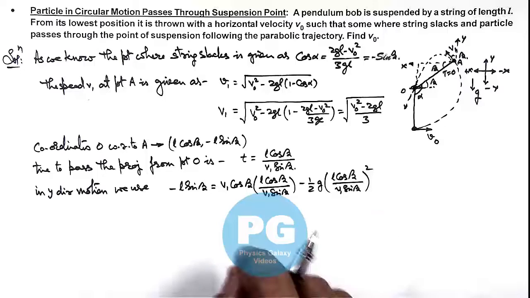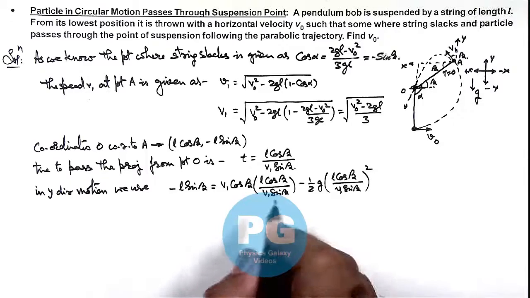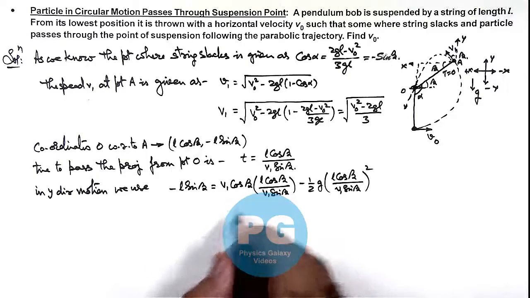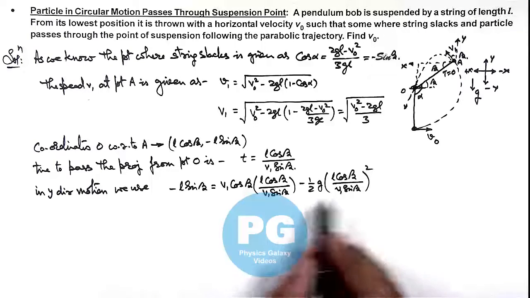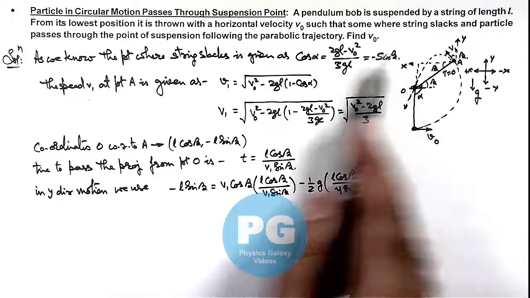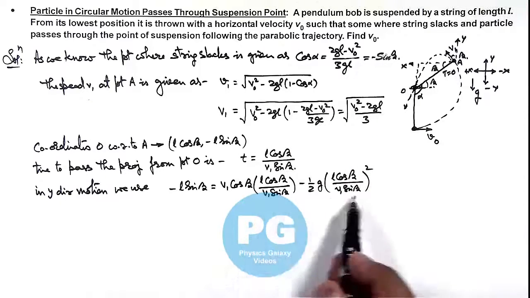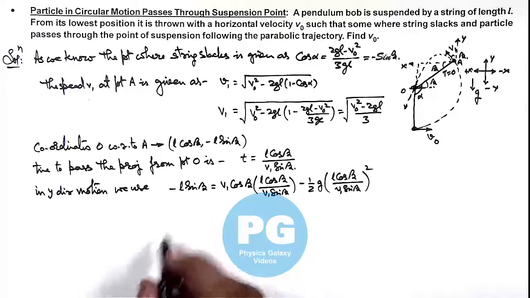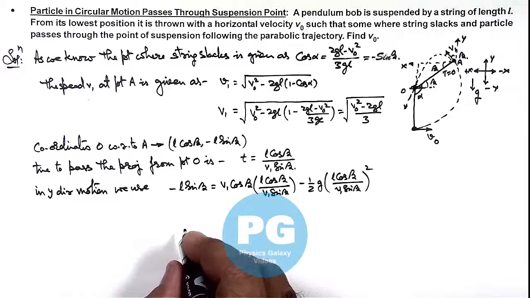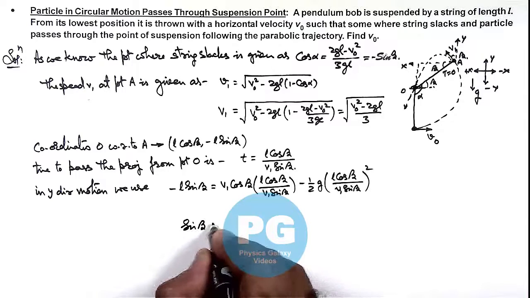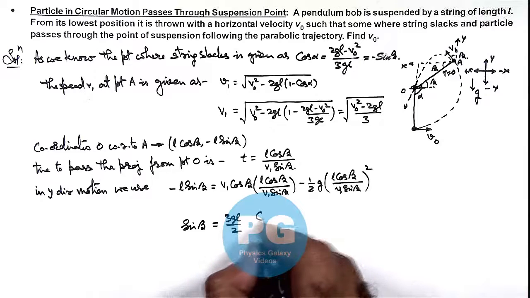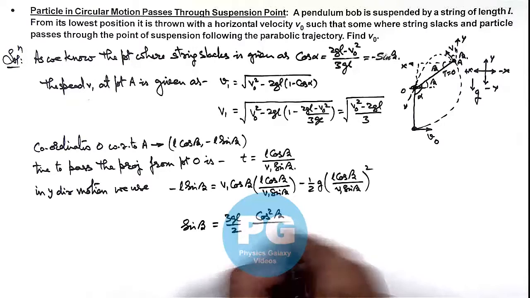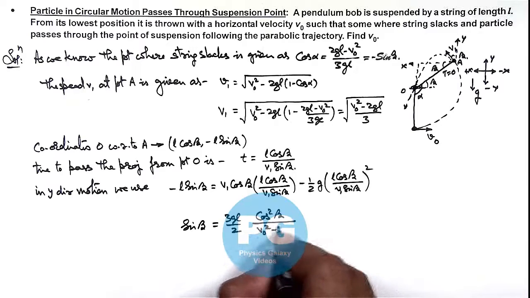If we further simplify this relation, we can substitute the values of cos beta and sin beta. After simplification, the value we are getting is sin beta equals 3gL by 2 cos square beta divided by (v naught square minus 2gL).